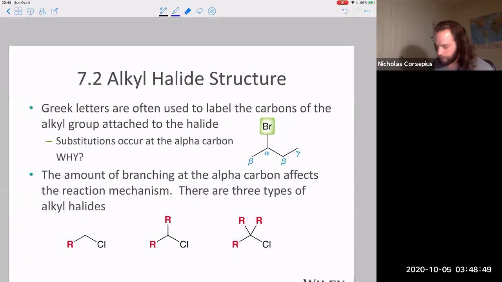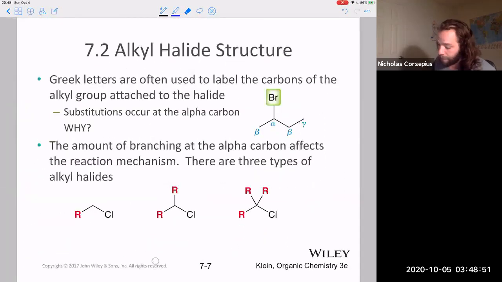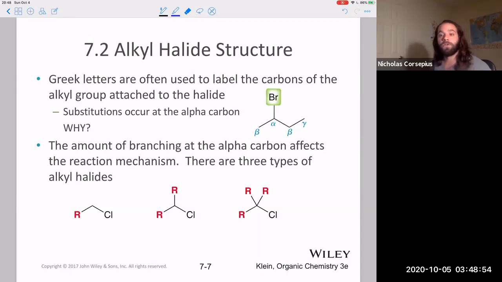The other thing that's really important is that we have a specific way that we refer to alkyl halides with respect to the amount of branching that they have. I'm specifically talking about how many other carbons the alpha carbon is bound to. Remember, halogens can only ever have one bond, so a halogen can't be bound to 2 carbons or 3 carbons. But what about the alpha carbon? How many other carbons is that bound to? If the alpha carbon is bound to 1 carbon, that's called a primary alkyl halide.